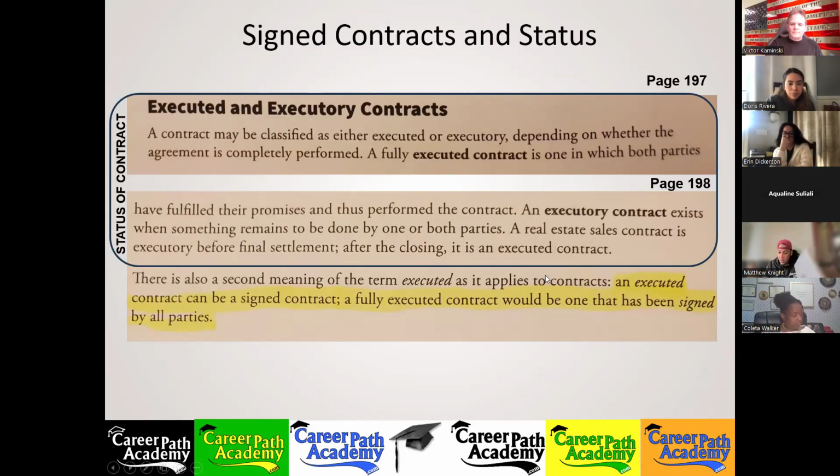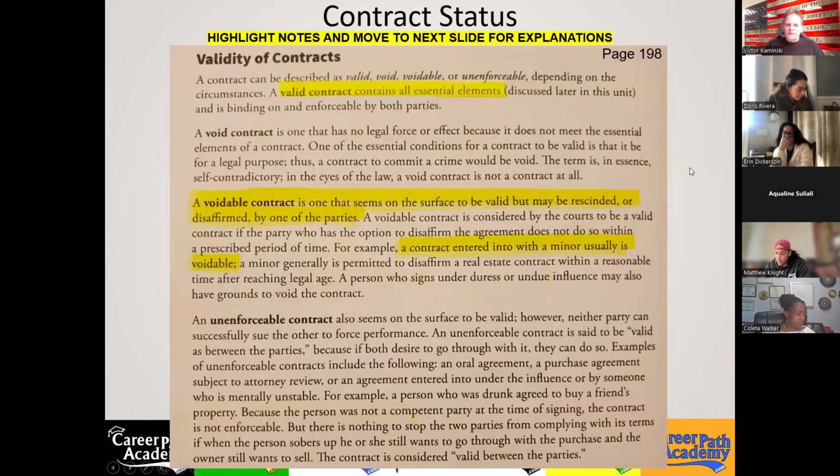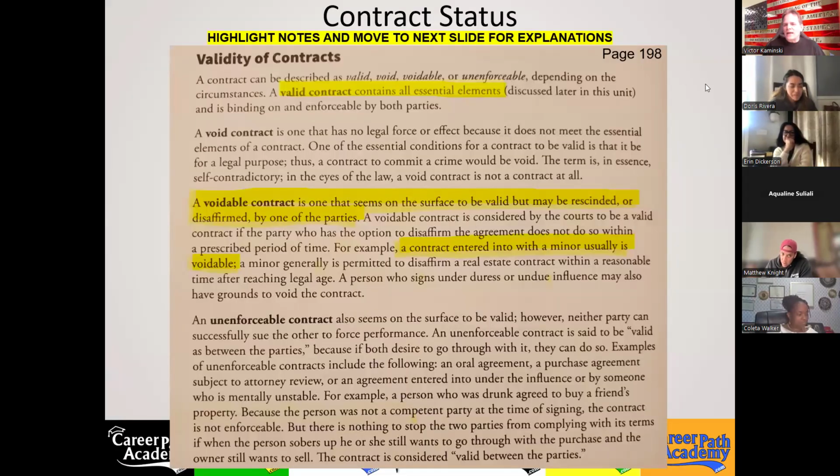All right. Well, did everybody get that? Yeah. So now let's go over validity. We'll learn the terms valid, void, voidable, and unenforceable. Anybody know what those terms mean? So, a valid contract is one that has the four essential elements attached to it.